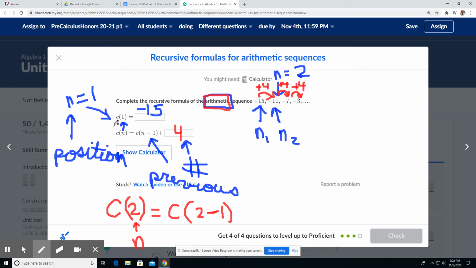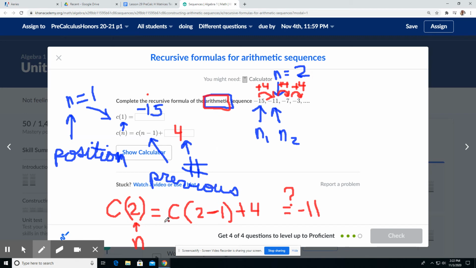Now, remember, I'm just using this formula right here, n minus 1. And then I'm saying we're adding 4 to give us the next entry. So if we do everything right, it should be negative 11. So let's check and replace things. And that's how this works, is once you have one, it recursively cycles through and reuses a previous entry to give you the next one.